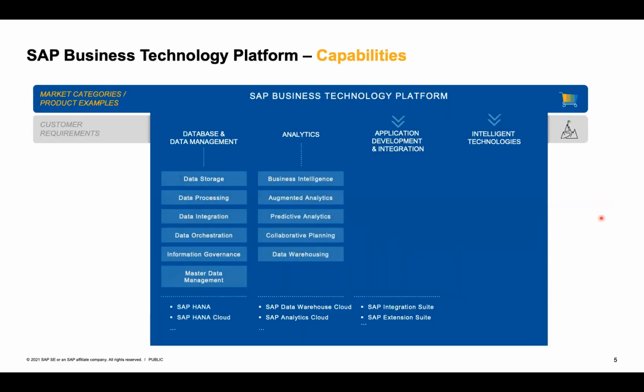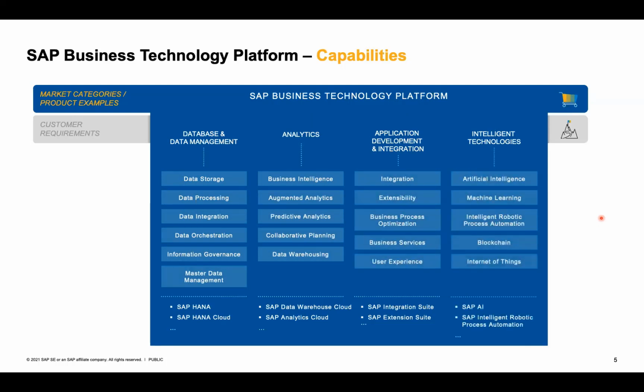The main reasoning behind it is that we at SAP want to have one common platform to use whenever any sort of application, service, or offering is developed and brought to the customer. So everything that we do should run on our SAP Business Technology Platform.